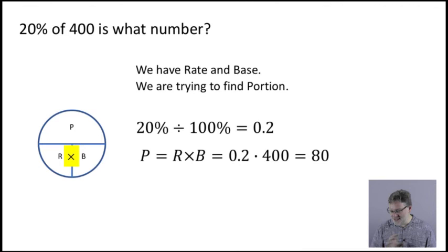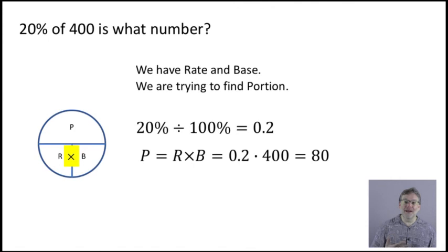Portion on top, rate times base on bottom. So once again, we are converting that percent of 20% to a decimal 0.2, and we are multiplying that times 400, just like the diagram says. We're multiplying these 2 things together to get 80 as our answer. So let's check our answer. 20% of 400 is what number? 80. Makes sense to me.